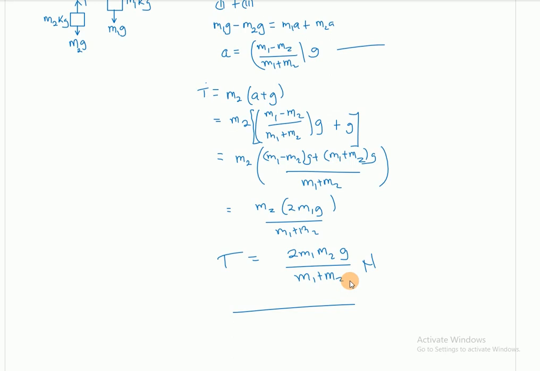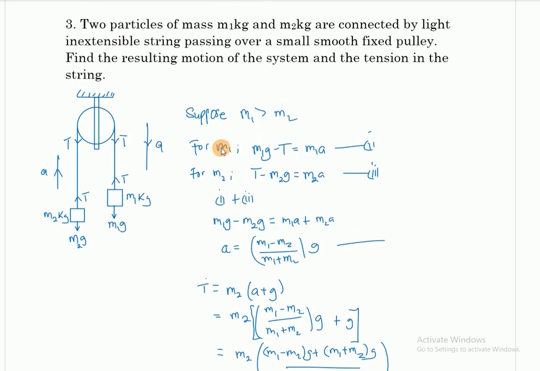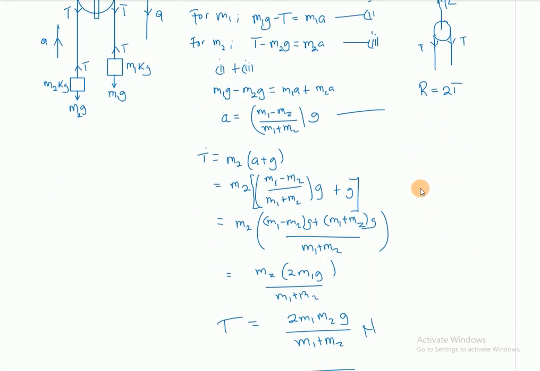We may also be interested in getting the reaction on the pulley. You have forces downwards, there is tension, and there will be a reaction in the upward direction. So the reaction R is given by 2T.